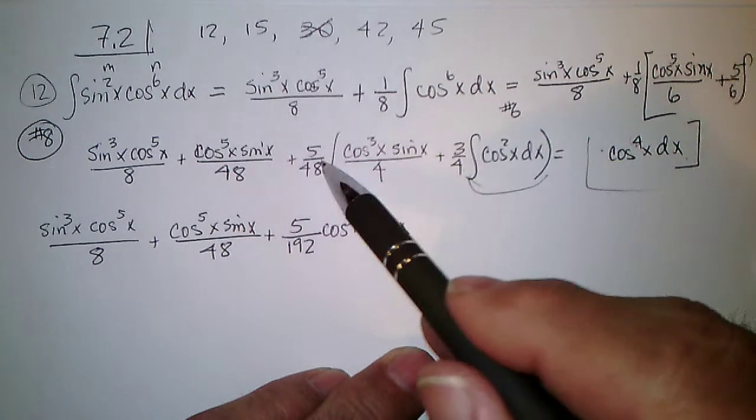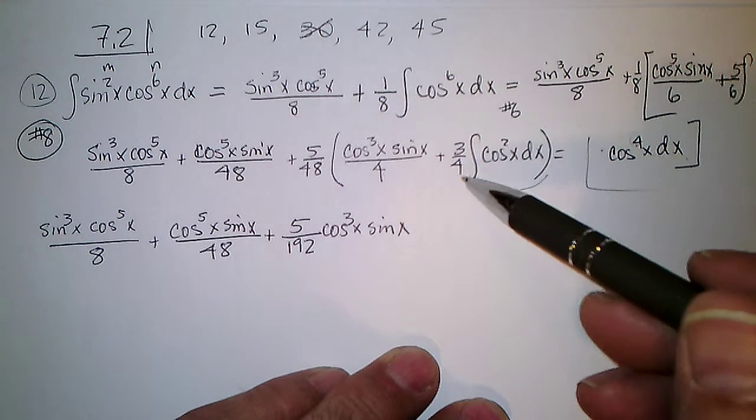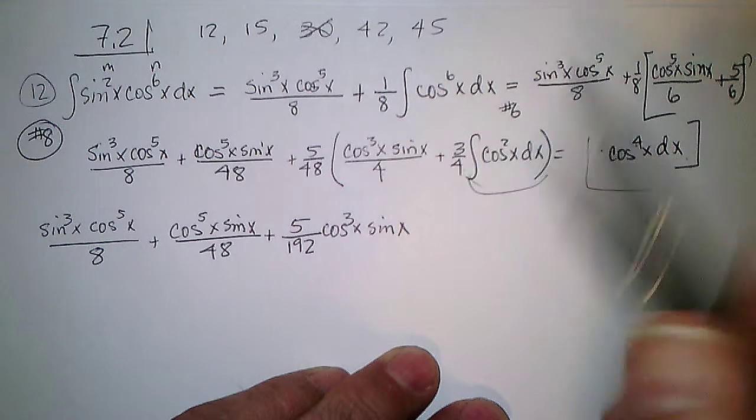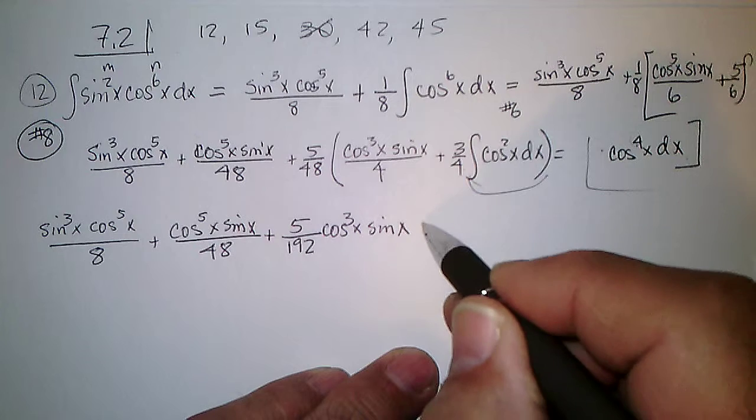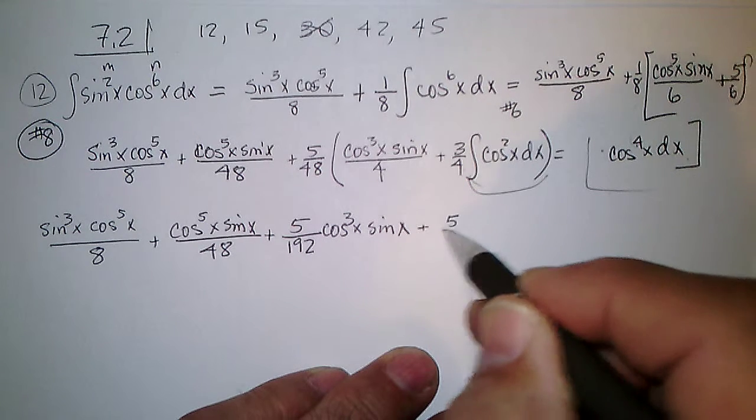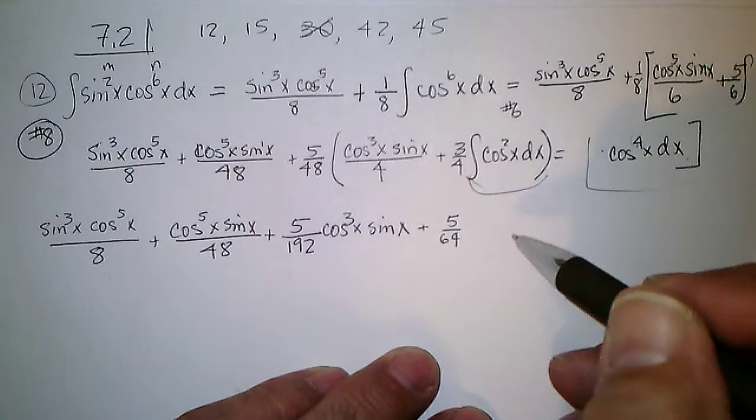The 3 will go into 48 16 times. Times 4 is 64, so we've got plus 5 over 64.